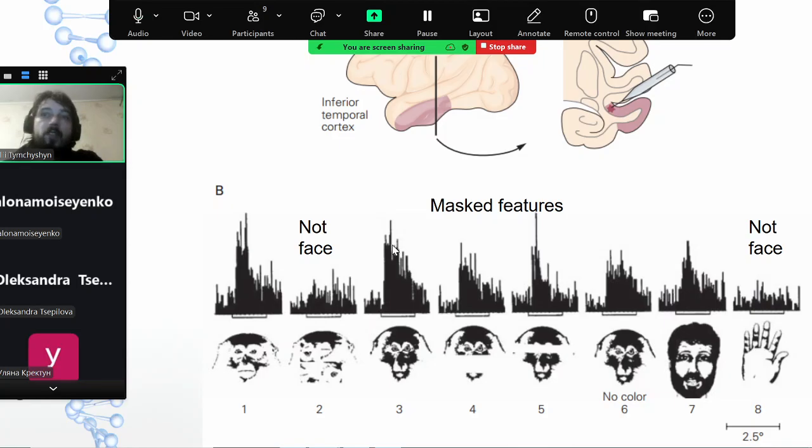Now some features of the face were masked. Suppose we remove some part of that image and we mask either the eyes or some lower part of the image, whatever, the mouth of the monkey. And here you see there is certain activity, and basically if we look, we certainly recognize these are faces.